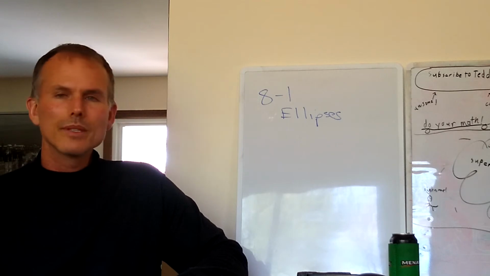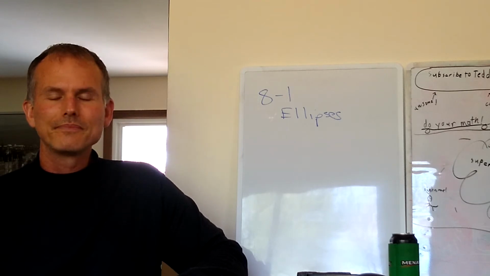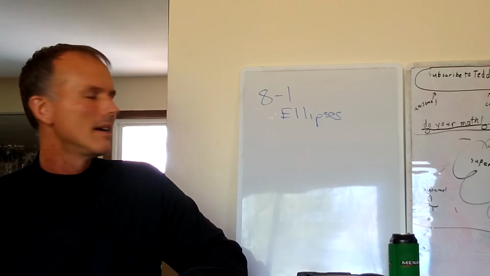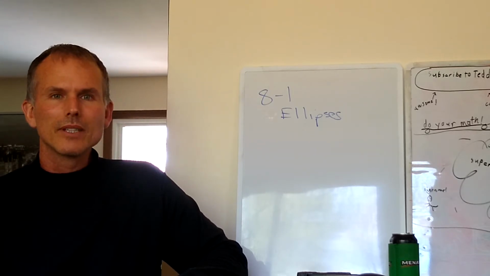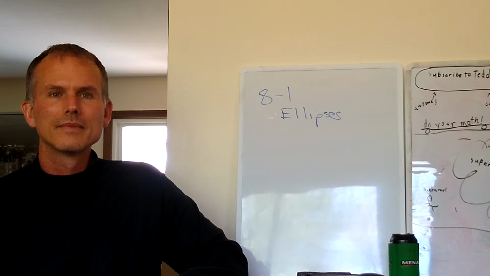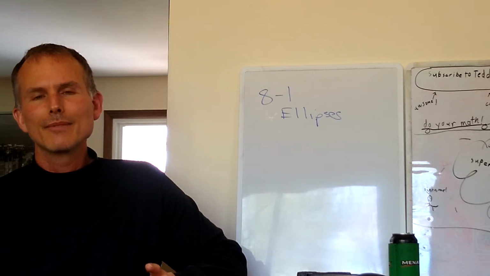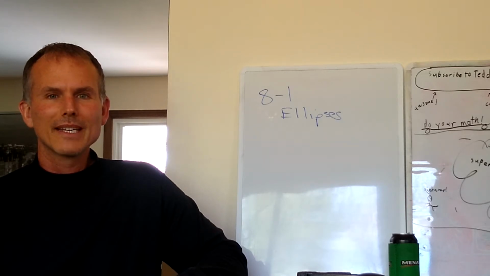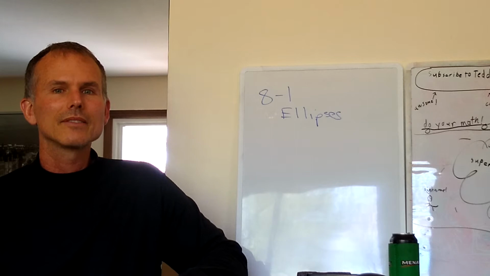So we're going to start very basic here and talk about what is an ellipse. Eliza, do you know what an ellipse is? Okay, Eliza in the background is making a shape with her hands that actually does look kind of like an ellipse.